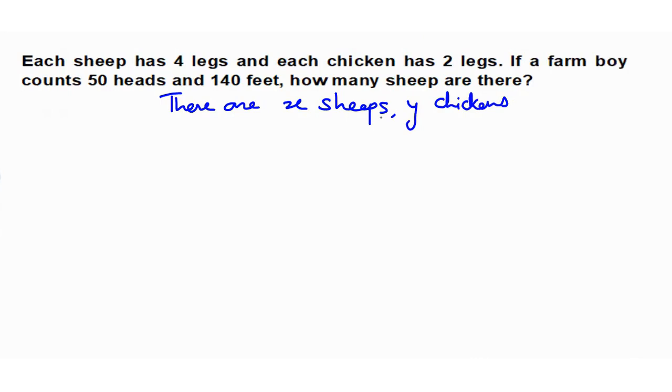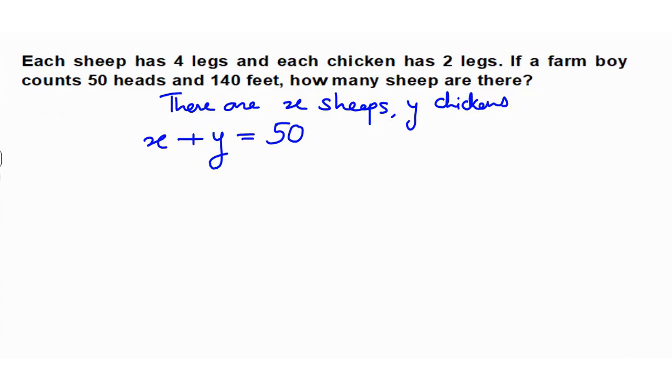Now we know each of these animals is going to have only one head. So total number of heads will be number of heads of sheep plus number of heads of chickens. Each has one head. So x plus y will be equal to 50. This is our first equation. But in case of feet, each sheep has 4 feet. There are x sheep.